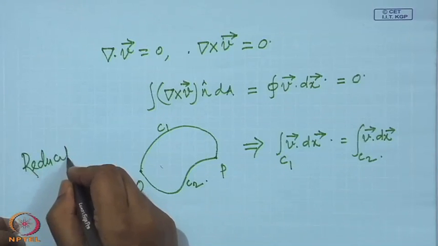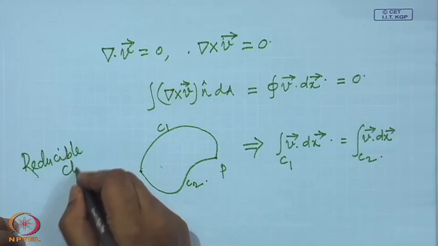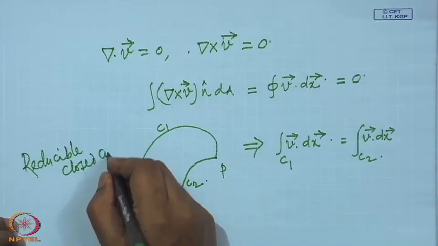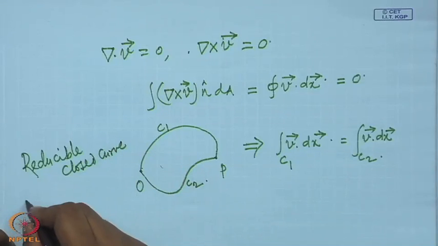Any curve that loops the wing is not reducible, but any curve that does not loop the wing is reducible. So, we have these two concepts, reducible closed curve and irreducible.